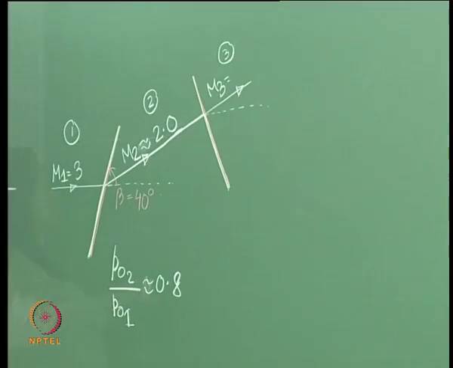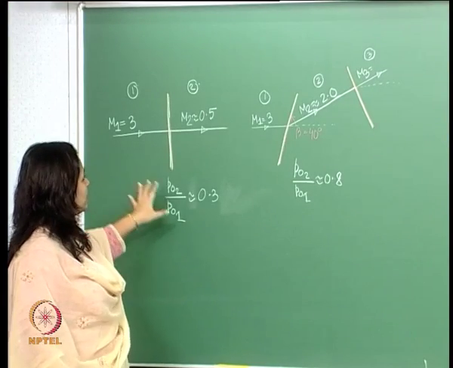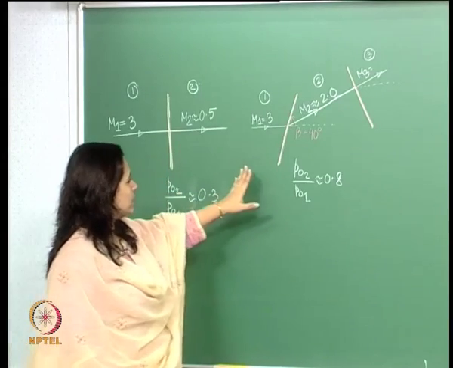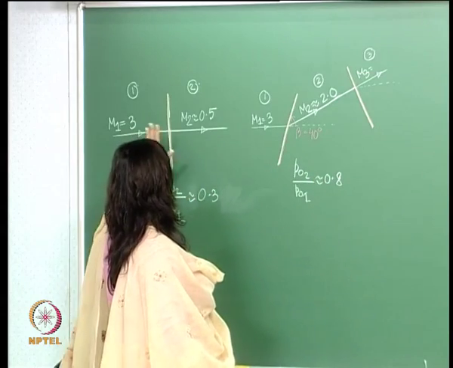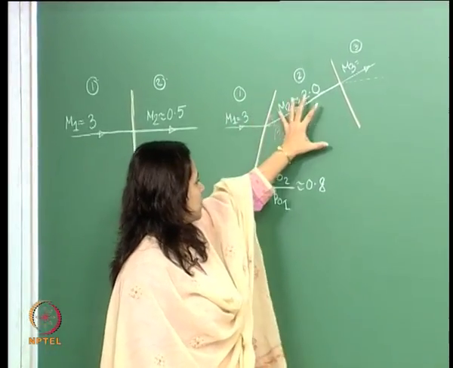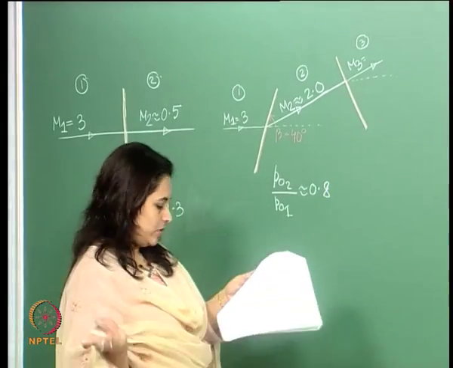So clearly the drop in pressure is much less here than it is here. But here it has been brought down to subsonic speeds, and here it hasn't. We passed this through a normal shock here, and an oblique shock here. We stopped here, and haven't done this part, so let's go ahead and continue.